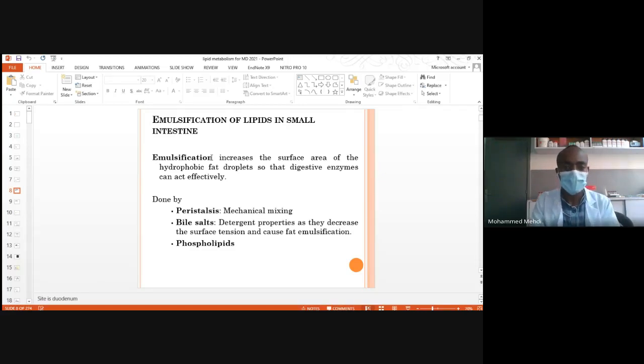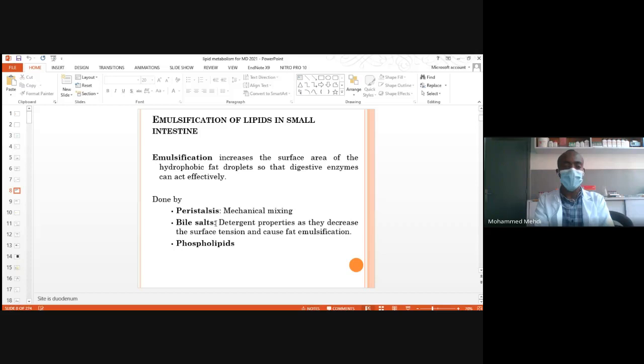So these bile salts act as a detergent and make an interface, allowing the interaction between polar and non-polar molecules. Polar and non-polar molecules will interact as a result of this emulsification function. This will be given by, number one, peristaltic movement, mechanical mixing. It occurs upon the movement of the small intestinal wall. Bile salt is a major one.